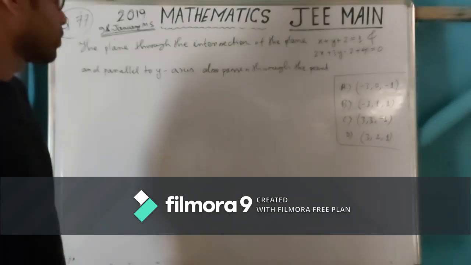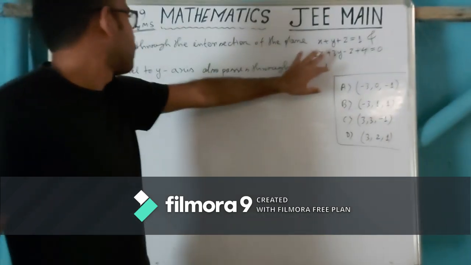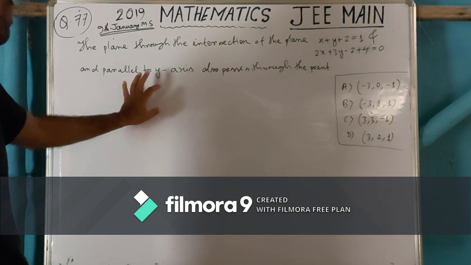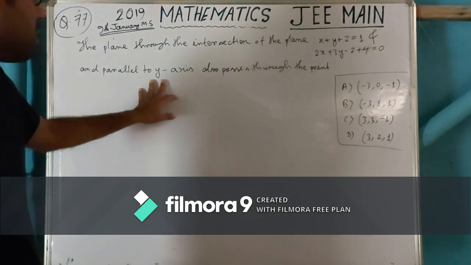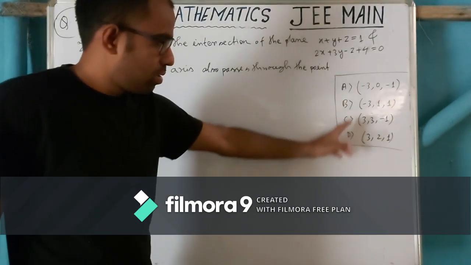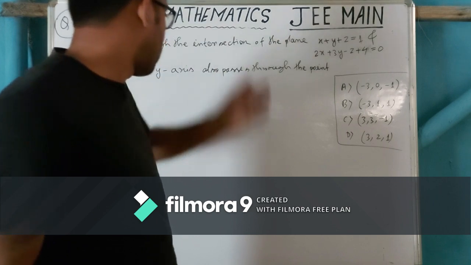So here we see that there are two planes, and the required plane passes through their intersection and is parallel to the y-axis. So we find which point the plane passes through.